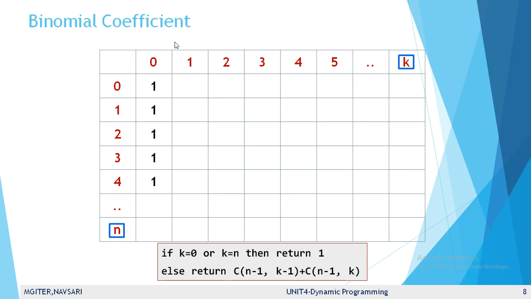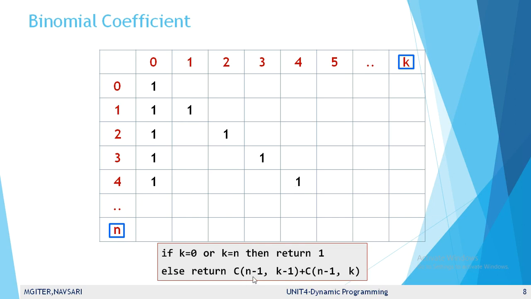So for k equal to 0 we put 1, and for k equal to n: n equal to 1, k equal to 1, we put 1; n equal to 2, k equal to 2, we put 1; n equal to 3, k equal to 3, we also put 1; n equal to 4, k equal to 4, we also put 1.